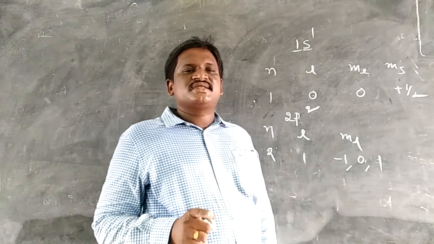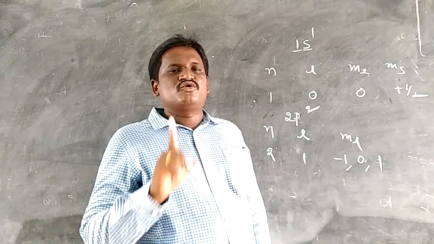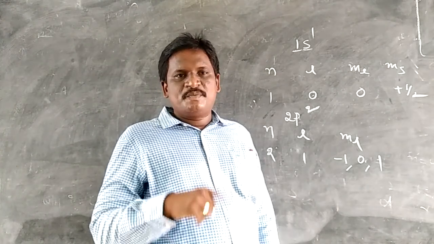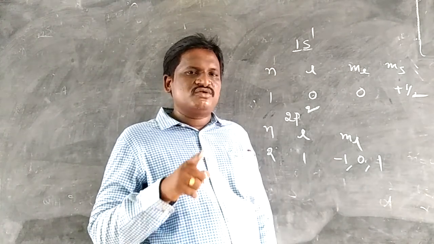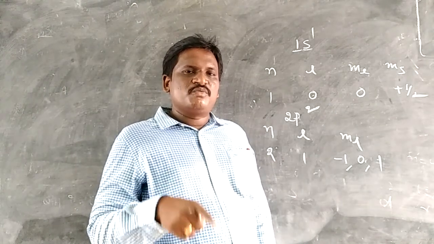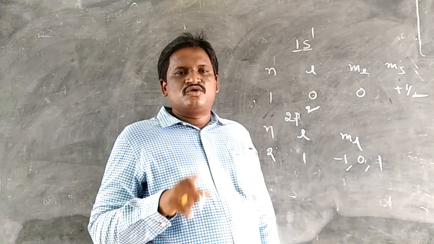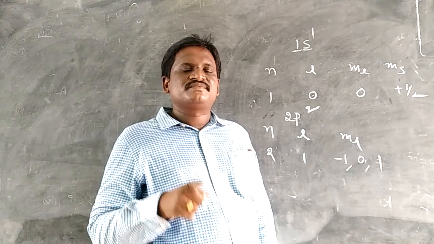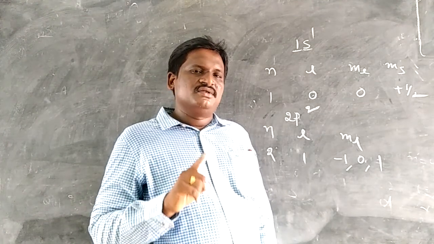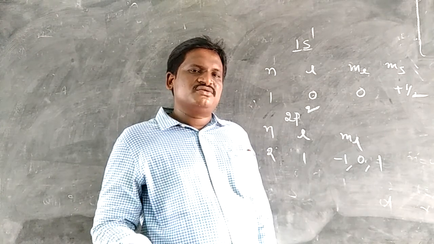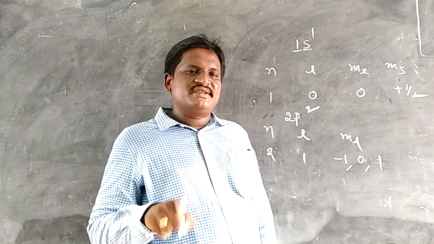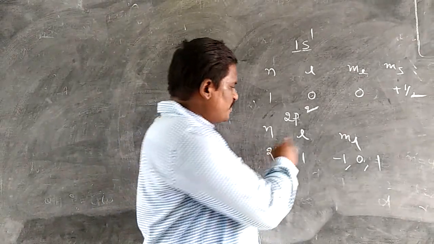You write the excited state. 2p1 is 2px1. 2p2 is 2px1, 2py1. 2p3 is 2px1, 2py1, 2pz1. 2p4 is 2px2, 2py1, 2pz1. 2p5 is 2px2, 2py2, 2pz1. 2p6 is 2px2, 2py2, 2pz2.